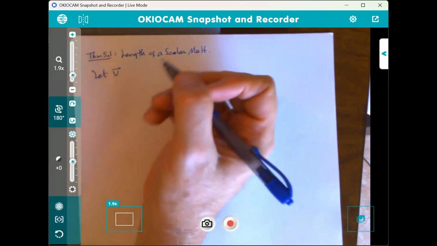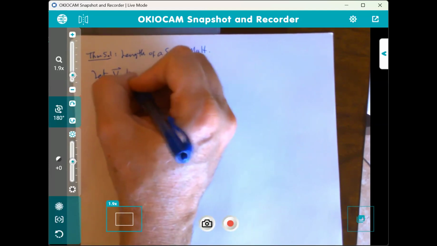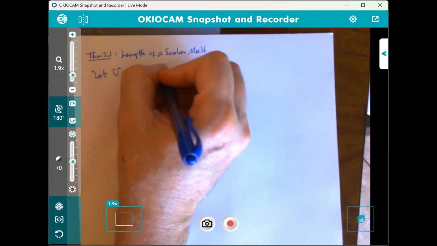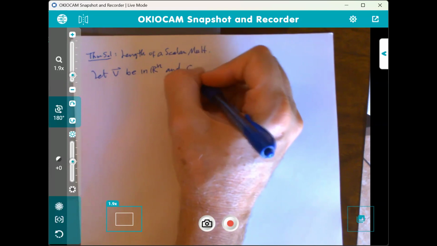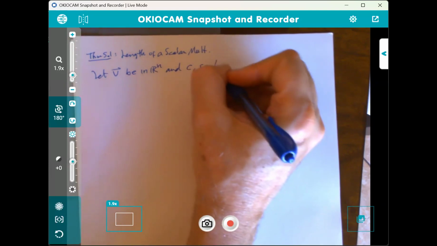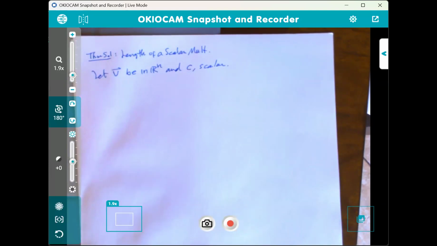Let's suppose we have a vector v in Rn, and suppose we have a scalar c, which is a constant.